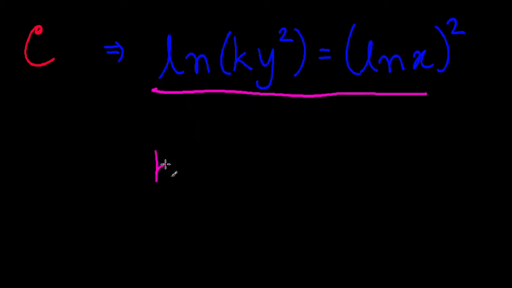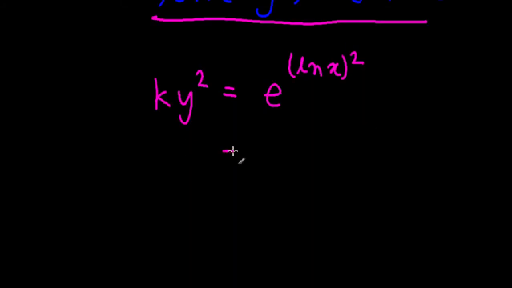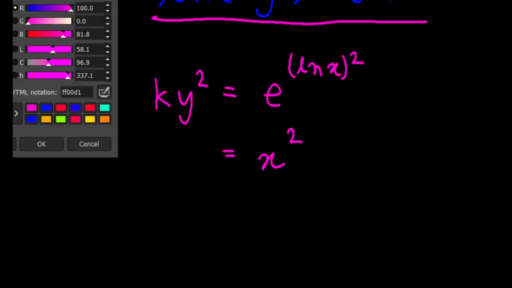So it's like k y squared equal to e to the natural log of x squared, and by instinct some of us might even write x squared, since e to the natural log of x would be x, and if you square it you get x squared. This is not correct.